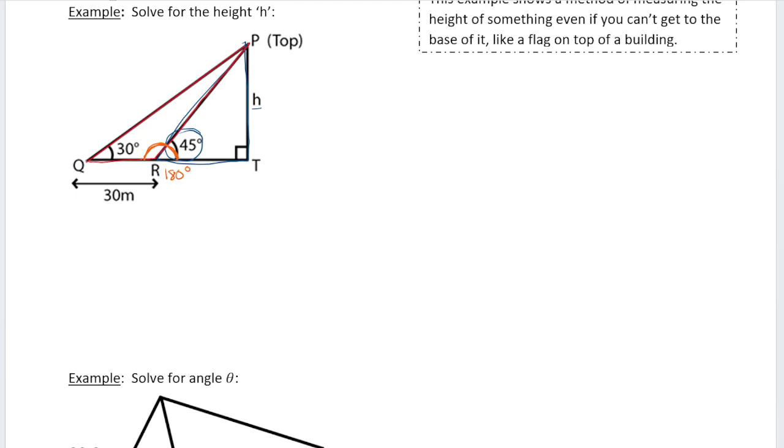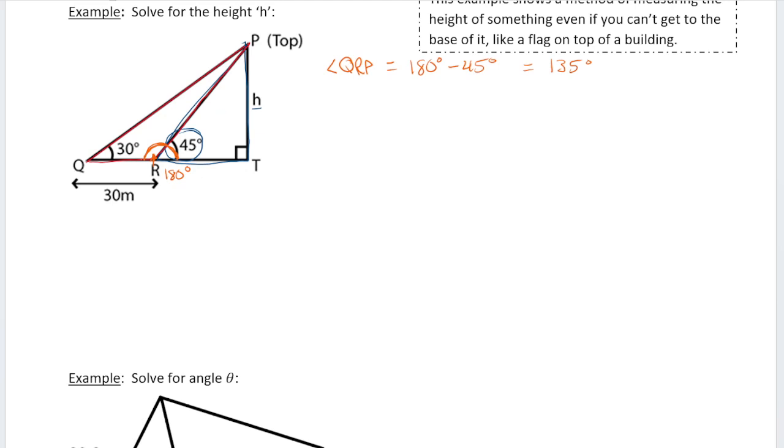So because of that, I can find angle R, right? I can find that angle because I know that it plus 45 has to be 180. So that means angle QRP is equal to 180 degrees minus 45 degrees, which is 135 degrees.